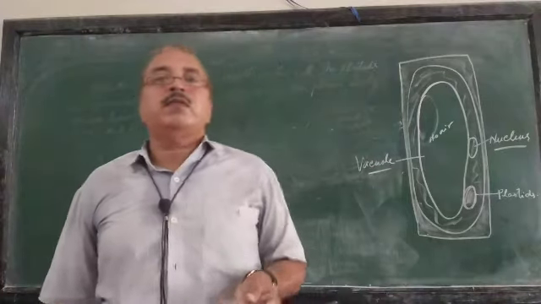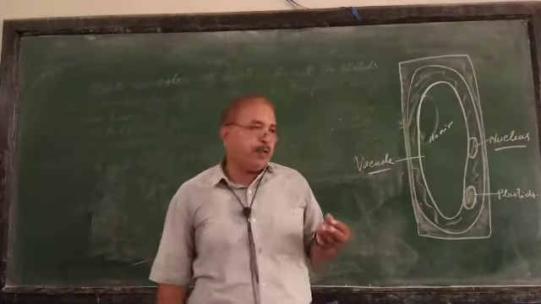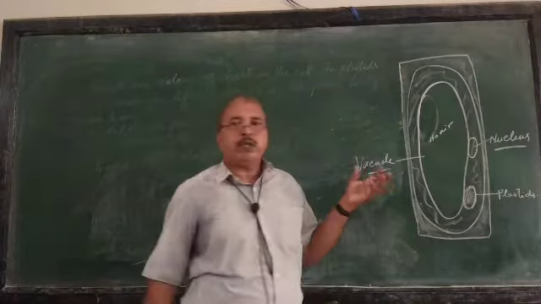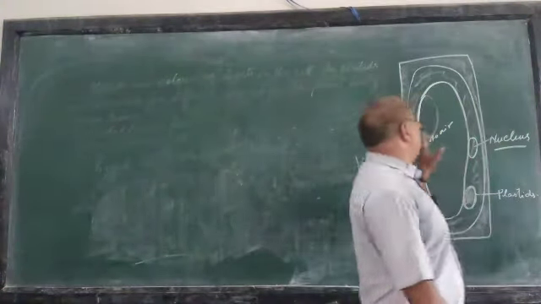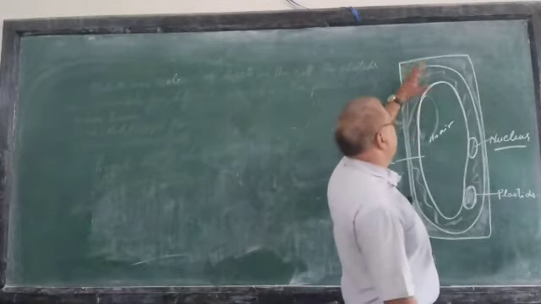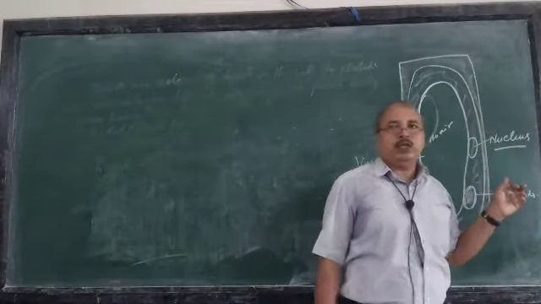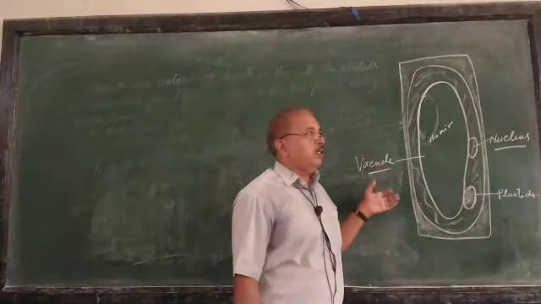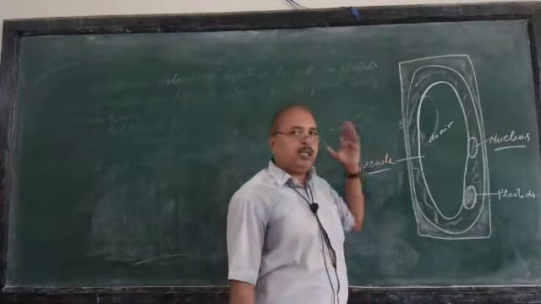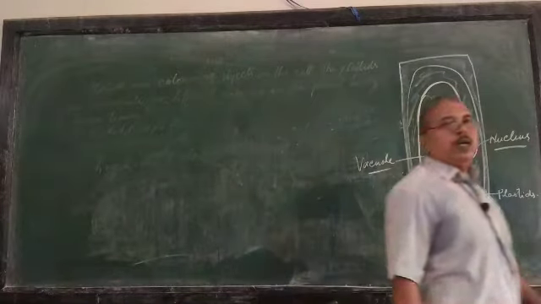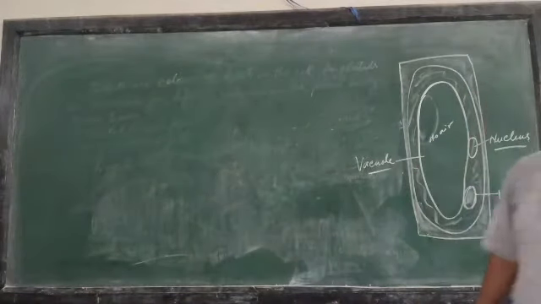Sometimes in plants, this vacuole is responsible for maintaining the pressure inside the cell so that the rising liquid, the water and other food material, may remain in contact and may rise up or come down as per the requirement. Clear?